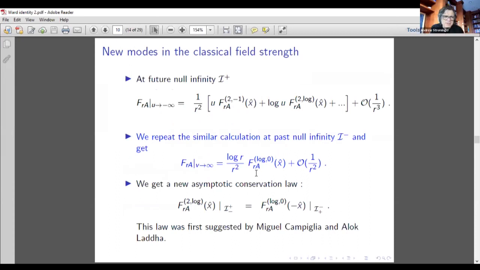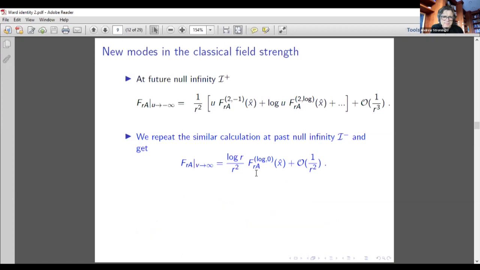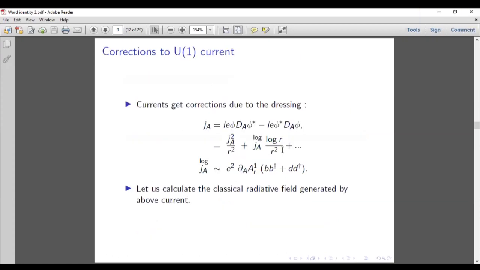You had a J, didn't you? Didn't you have a J that went like log r over r squared? Yes. So if I take a zero mode of such a thing, couldn't I get infinity? Oh, this is the transverse component of J. Yeah, yeah. That's not in danger of becoming infinite. Yes.